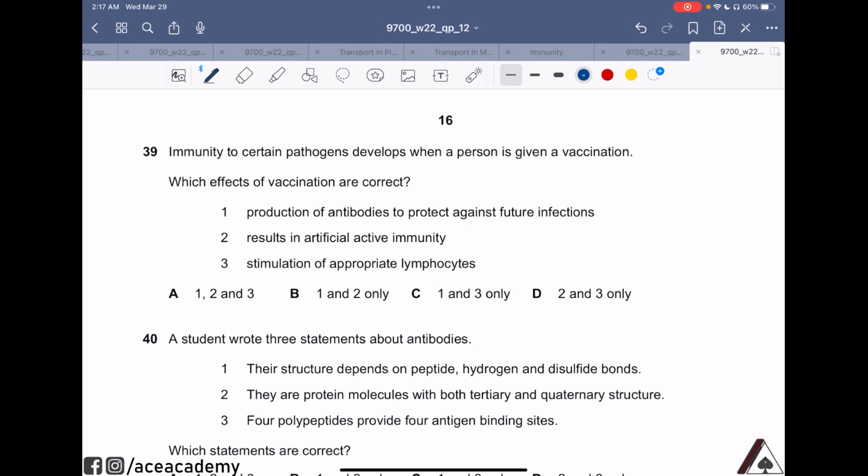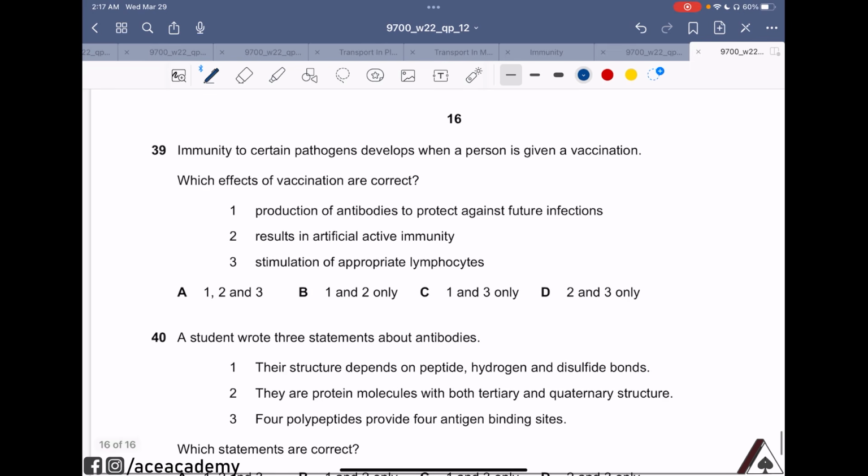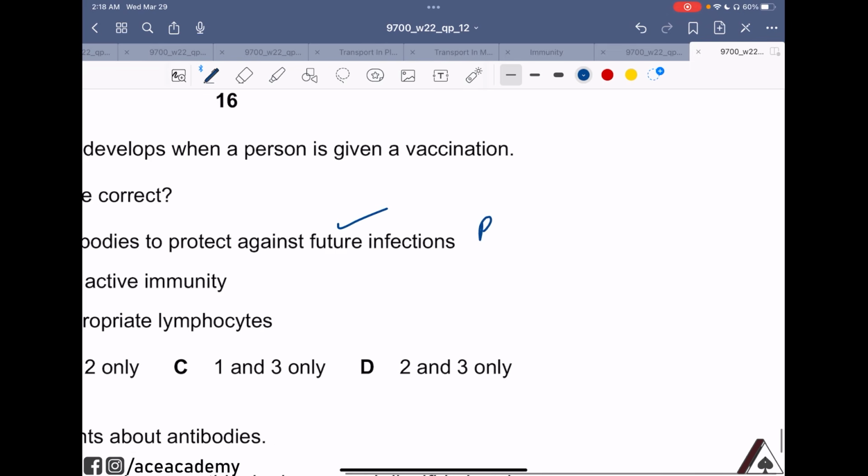Immunity to certain pathogens develops when a person is given a vaccination. Which effects of vaccination are correct? Production of antibodies to protect against future infections, yes, but over time antibody concentration would decrease because they would be broken down.